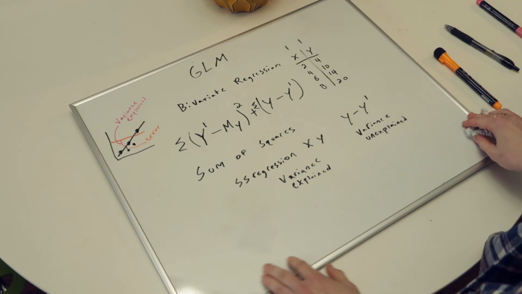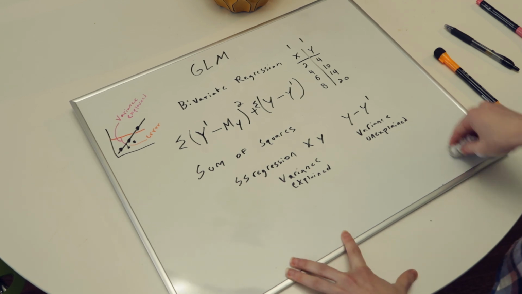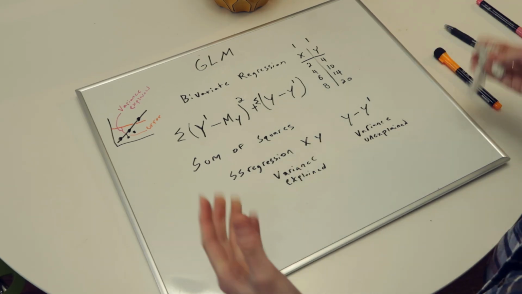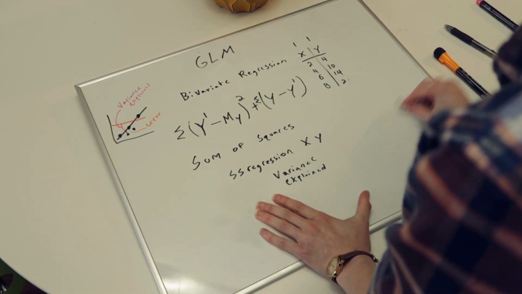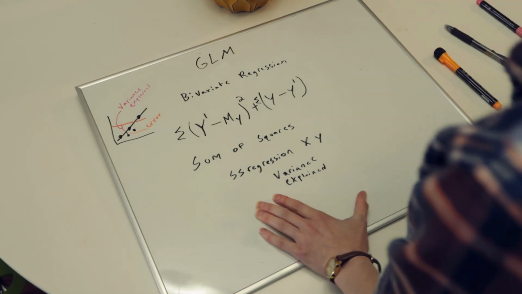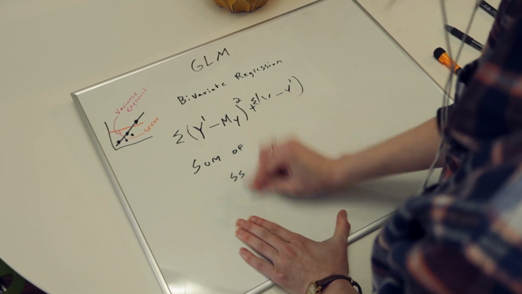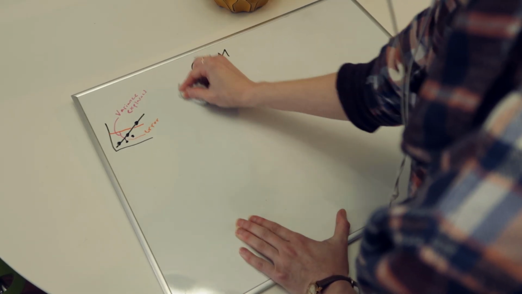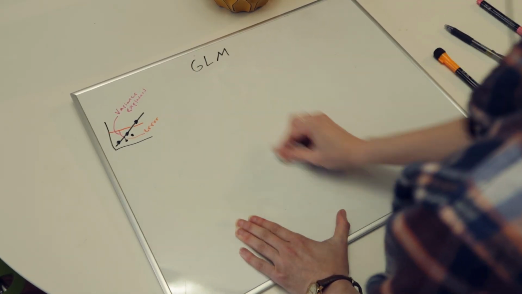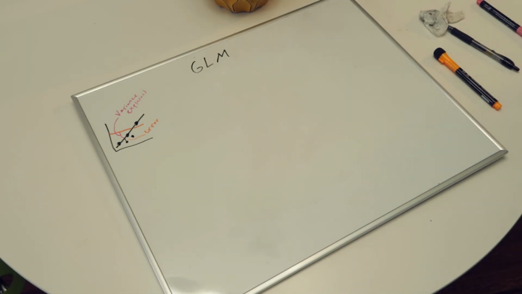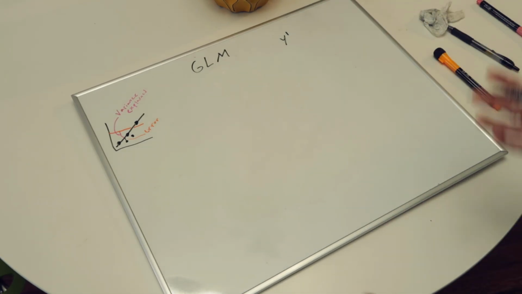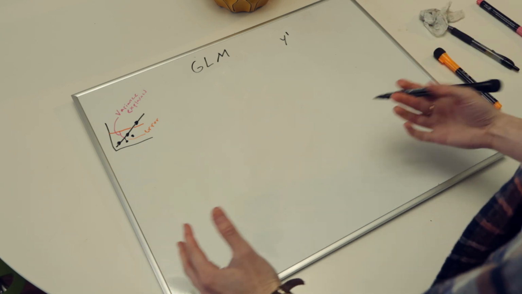Now this is a bivariate regression, meaning there's only one x and one y. But in research, we often want to combine more than one x. Also, in order to get those predicted values, y prime is our predicted value. How do we get that predicted value?